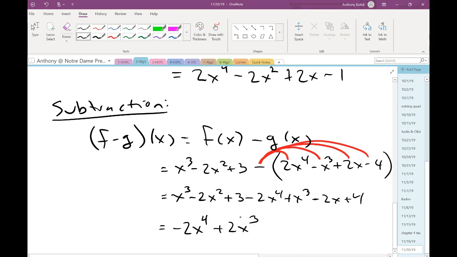Then? Minus 2x squared. Good. And then? Minus 2x. And last, plus 7. Everybody okay there? Hopefully not a big deal.